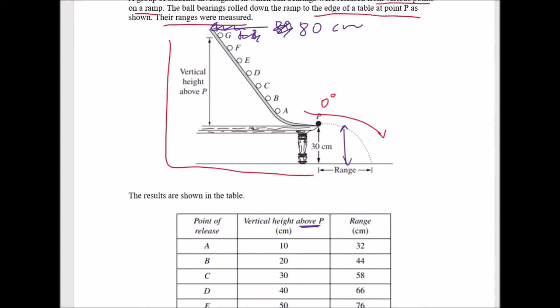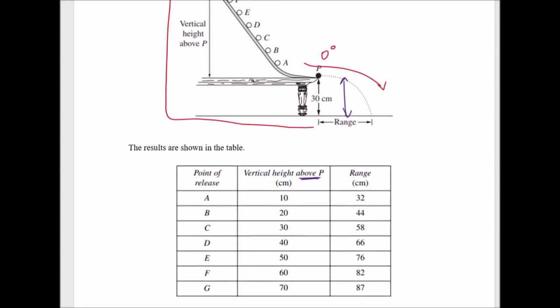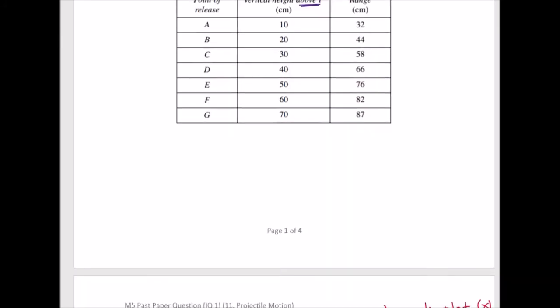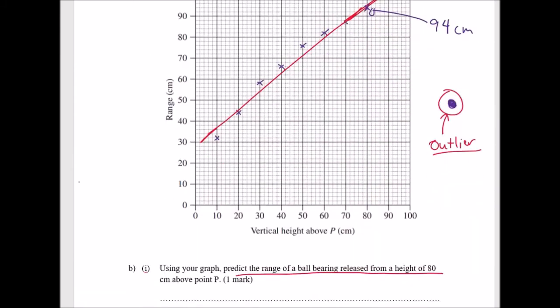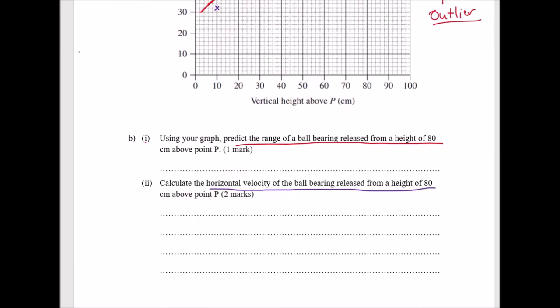And so what you're trying to find is what is the horizontal velocity? So what is ux in this case here?